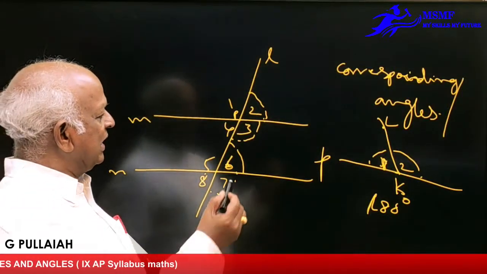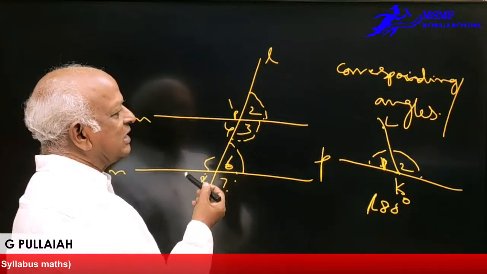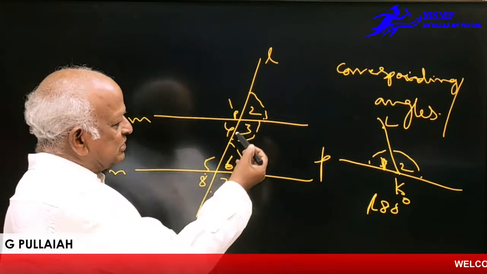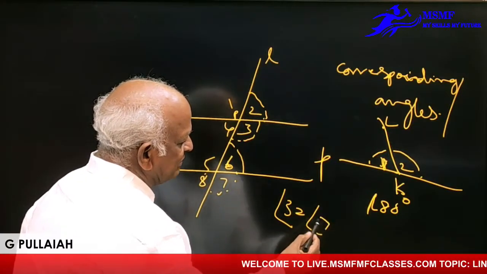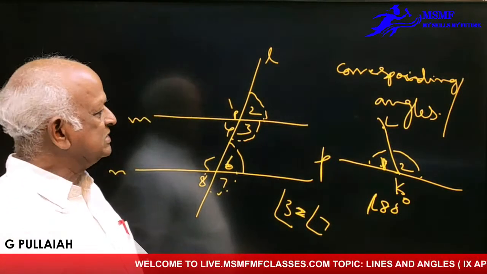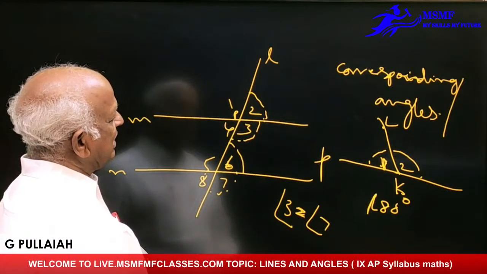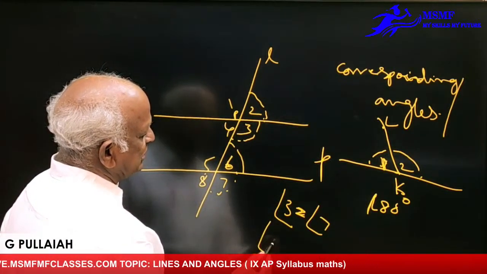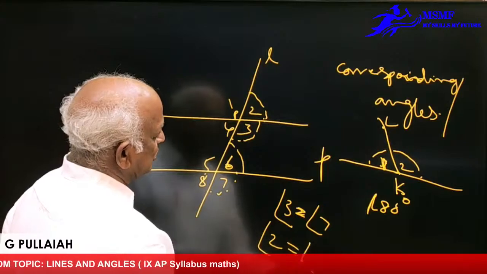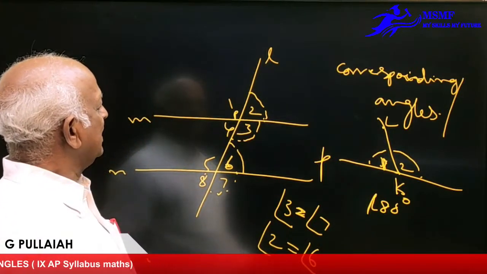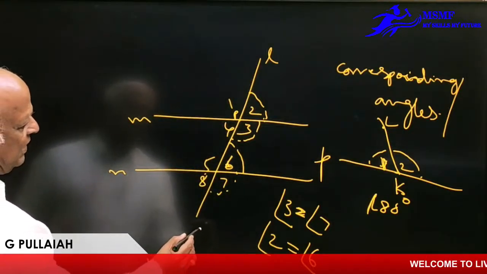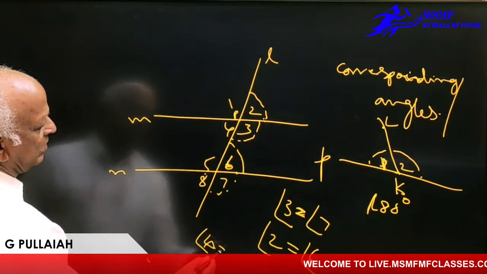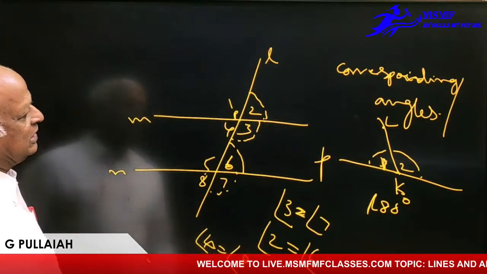So here 3 and 7 are the corresponding angles. So angle 3 is equal to angle 7. Similarly, 2 and 6 are the corresponding angles, so you can say angle 2 is equal to angle 6. Similarly here you can say angle 4 is equal to angle 8.